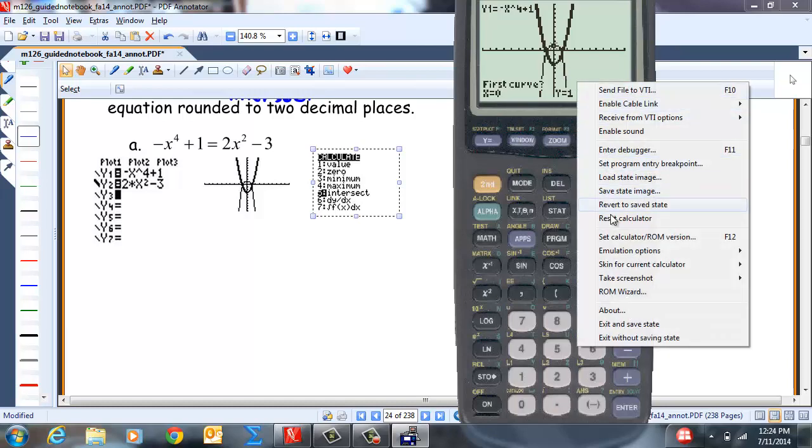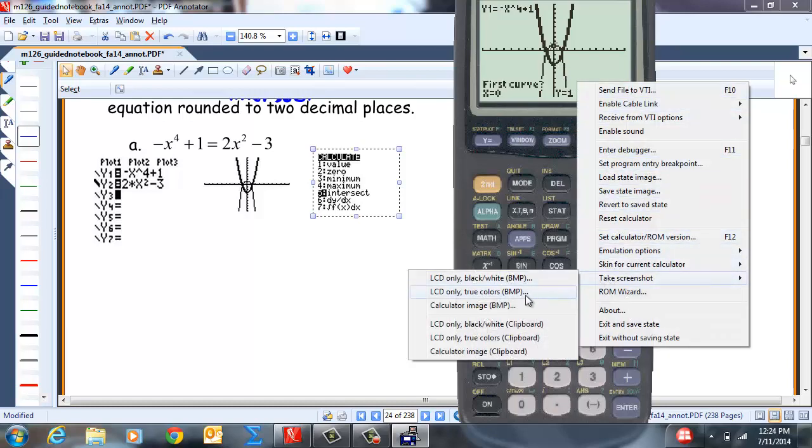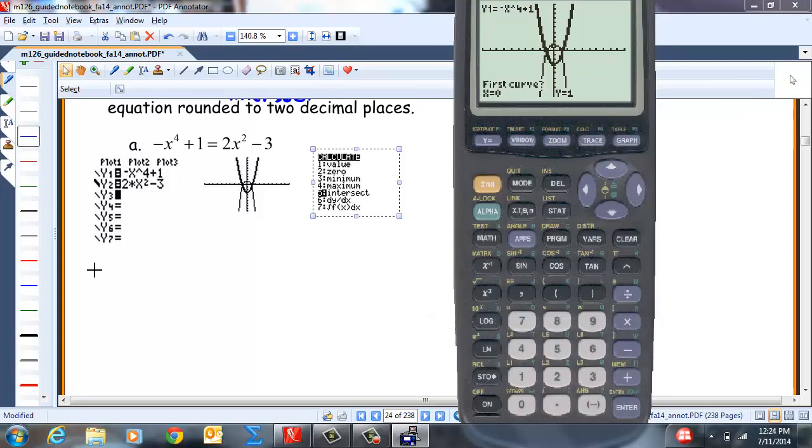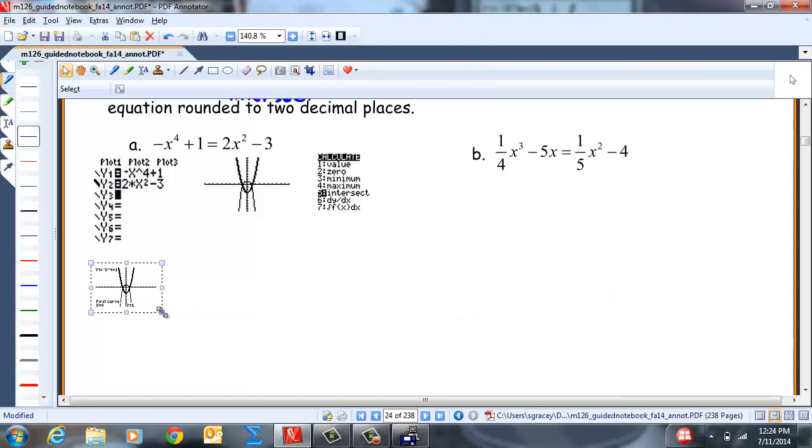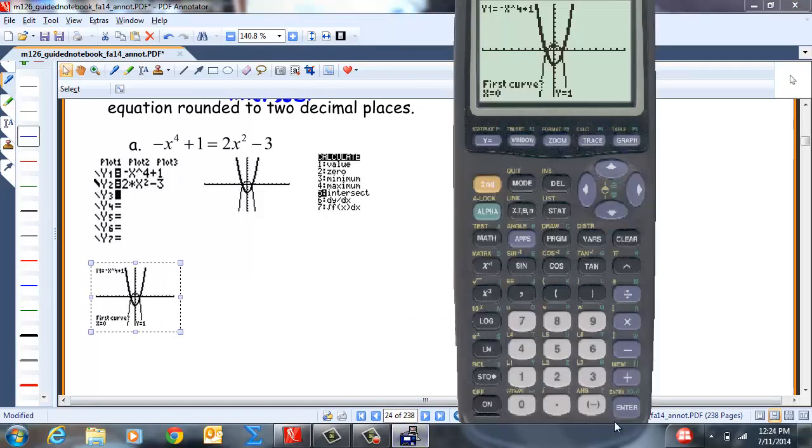So this is what it'll look like here. Then you hit enter, and then you go to your second curve. That's the one that we want to do for this one.